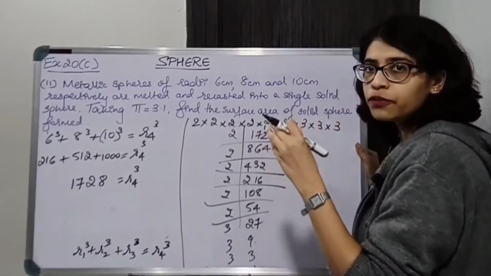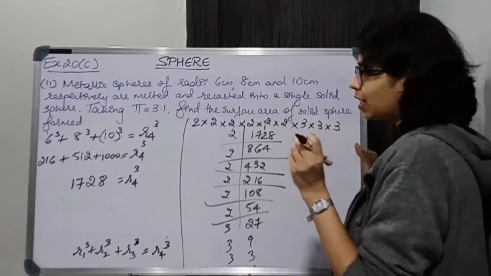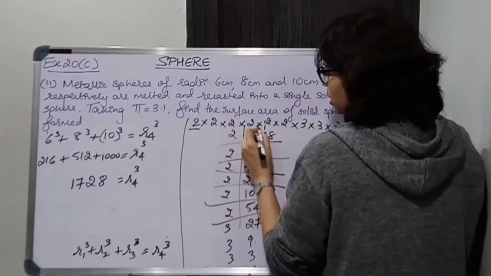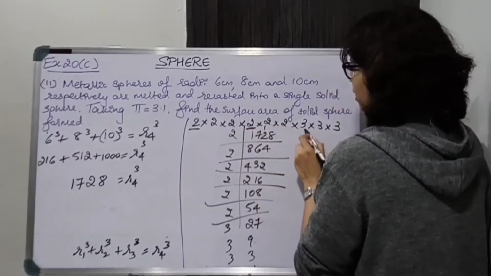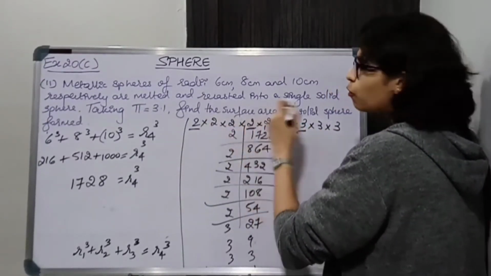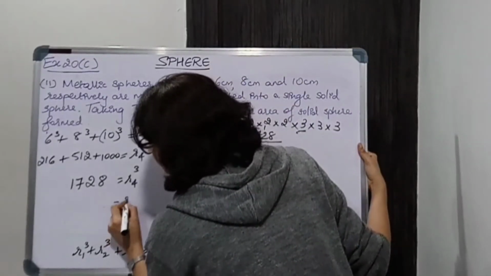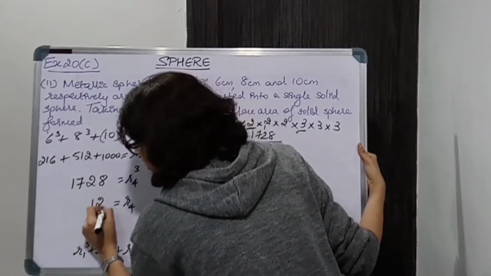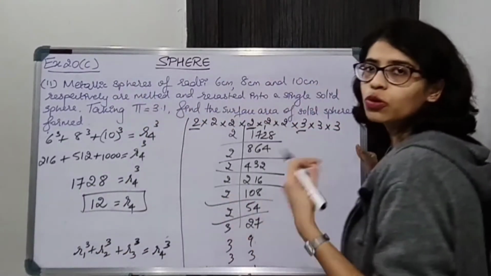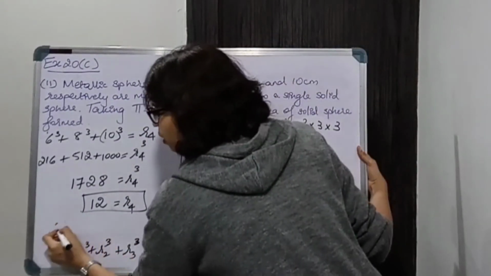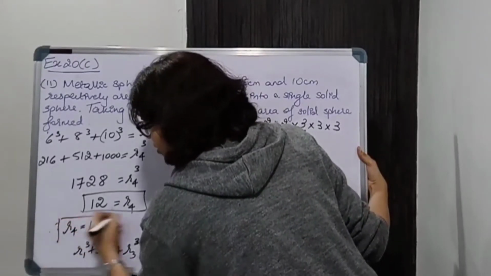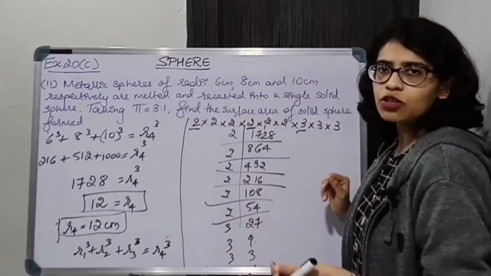It is a cube, so you have to make groups of 3. So out of each group of 3 you are going to select only one for the cube root. From the three 2s take one, from the other three 2s take one, and from the three 3s take one. So 2 into 2 into 3, that is 2 2s are 4, 4 3s are 12. So taking cube root on both the sides, we got r4 is equal to 12 centimeters. Now it is easy to find the total surface area.